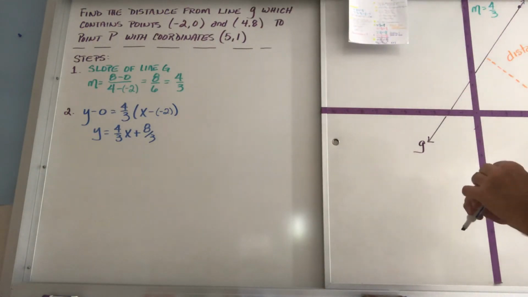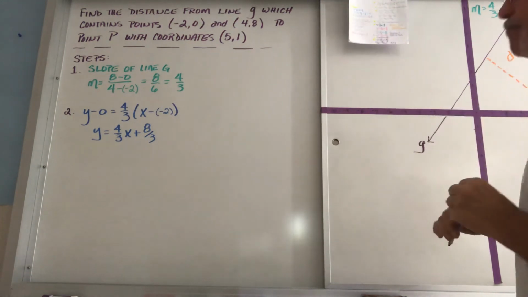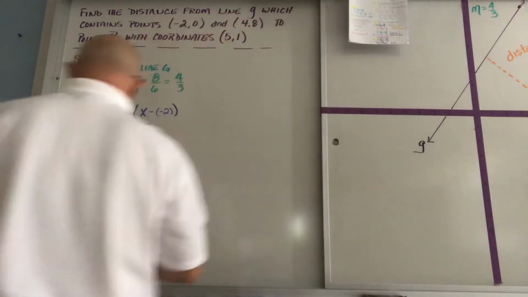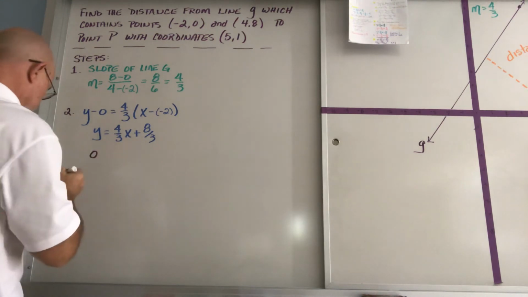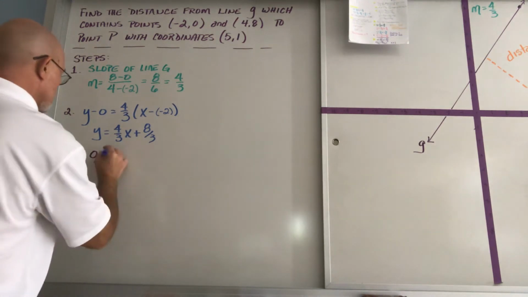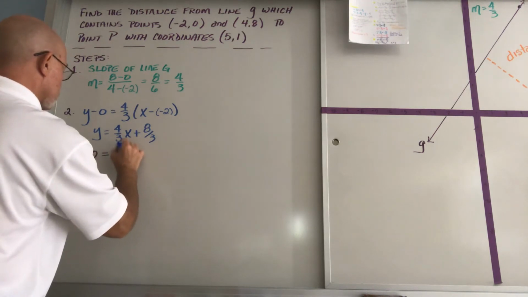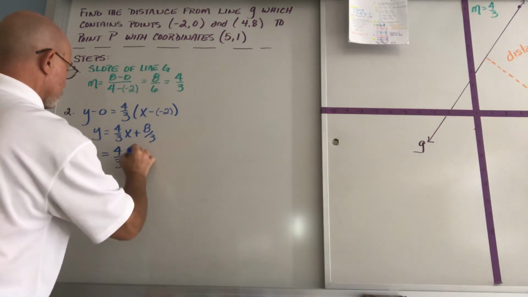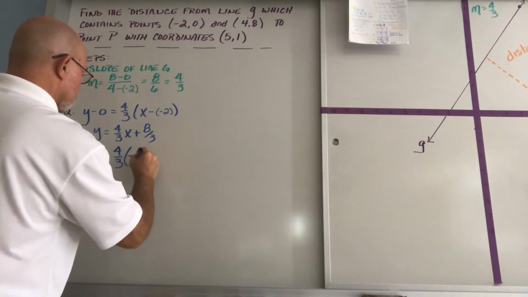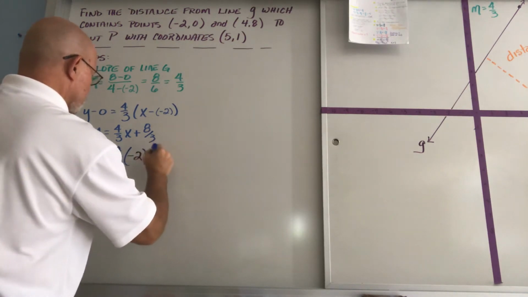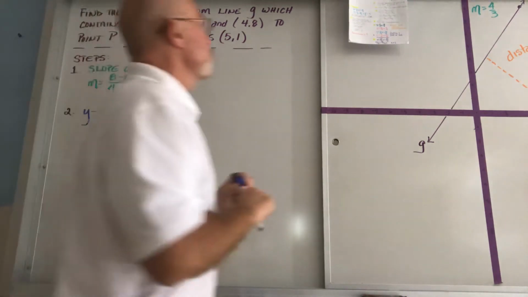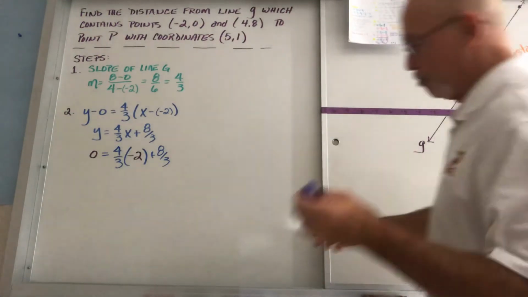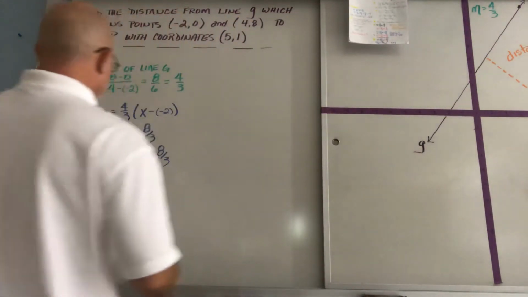Okay? Now I have to find the y-intercept. Once again, using -2, 0, okay, y, x, okay, so we're good there. Oh, plus b, sorry. Silly me.